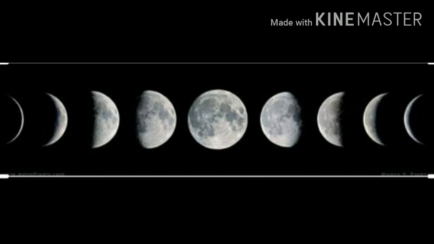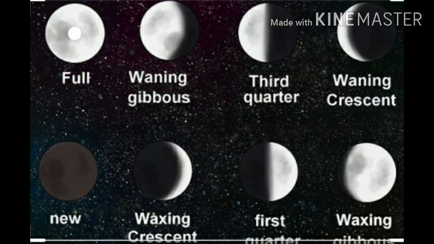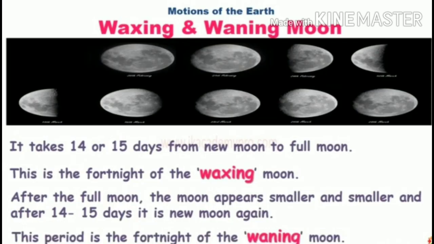Now, let's try to understand waxing and waning moon. Dear children, it takes 14 or 15 days from new moon to full moon. New moon means when we do not see the moon in the sky, and full moon means when there is a big circle moon in the sky.